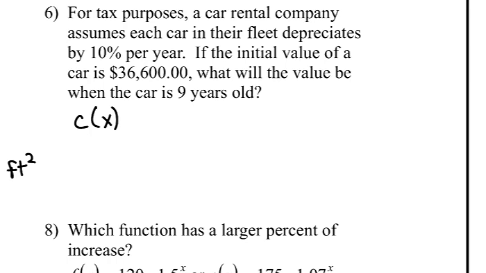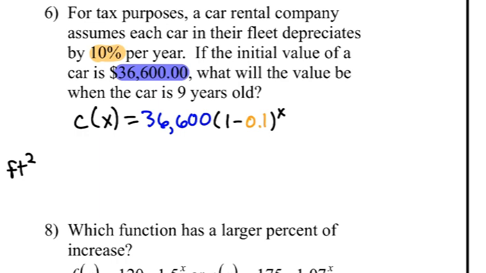So that's the car's value is equal to the 36,600 and then that's going to be times the quantity 1 minus, because we're depreciating and we're depreciating by 10%, so that's going to be 1 minus 0.1, and to the x, which is the number of years, we're looking at 9 years, so C of 9 is equal to 36,600 times 0.9, again less than 1 because we're depreciating, to the 9th power.